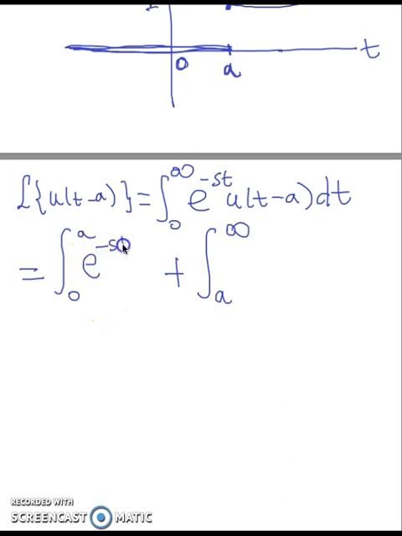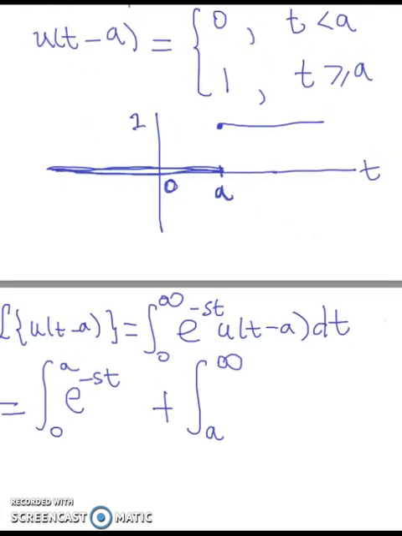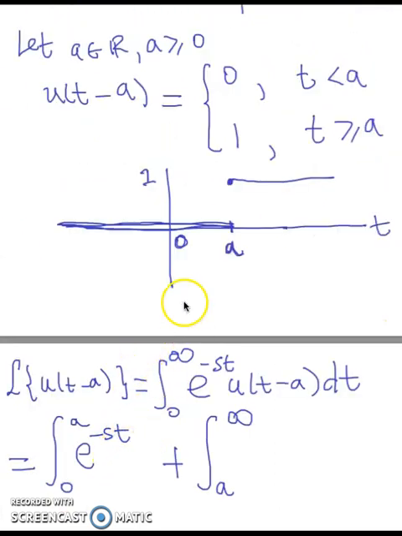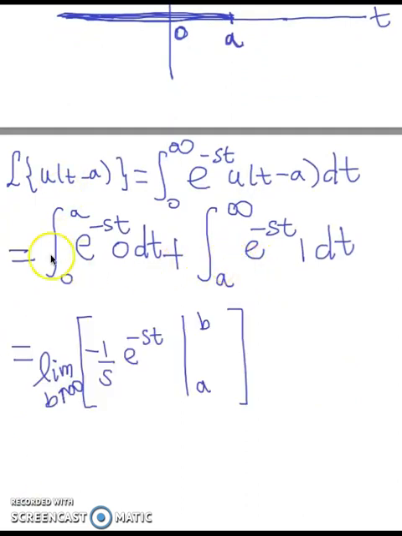This is e to the minus st multiplied by the value of u, but remember that function is defined as 0 for values of t that are less than a, which is precisely what the sketch shows. So here's that exponential times 0. And here we have e to the minus st times 1 dt.